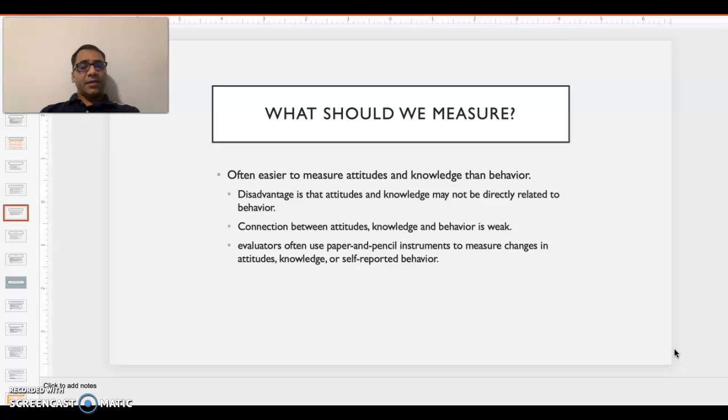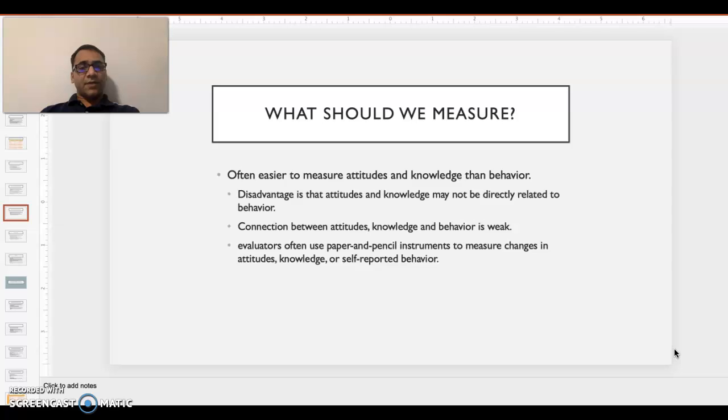What it means is, if people have knowledge about certain issues they may be facing, for example, if they know the implication of alcohol consumption on health, however, their behavior of consumption of alcohol may not have any relation with their knowledge of the health hazards. So there is a weak connection between that.